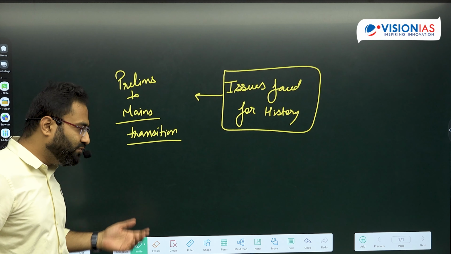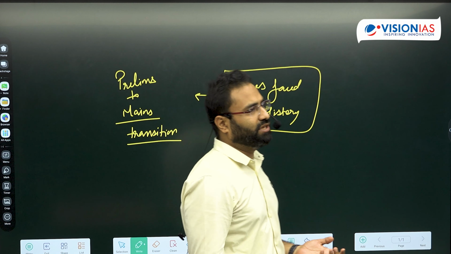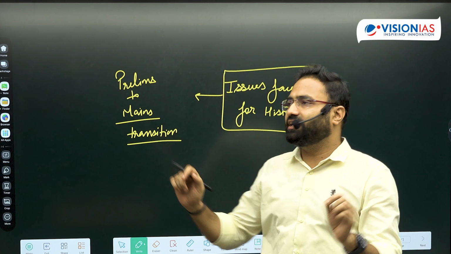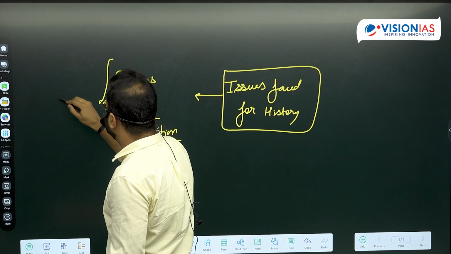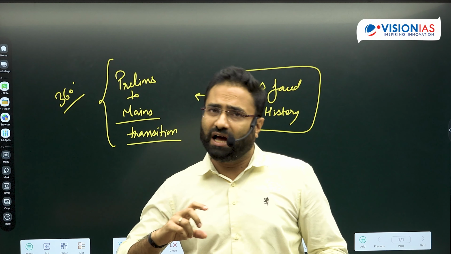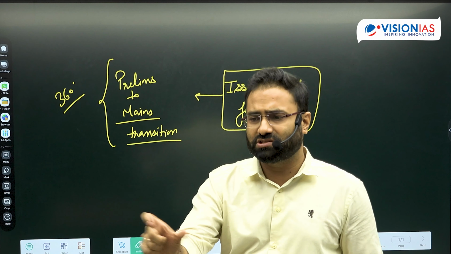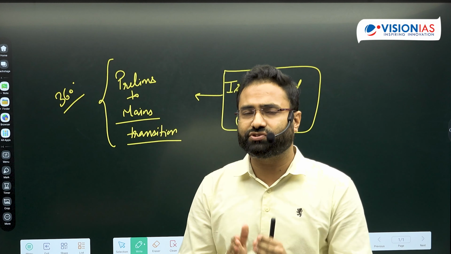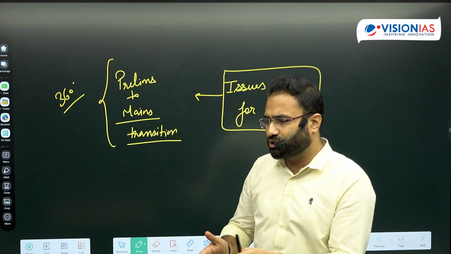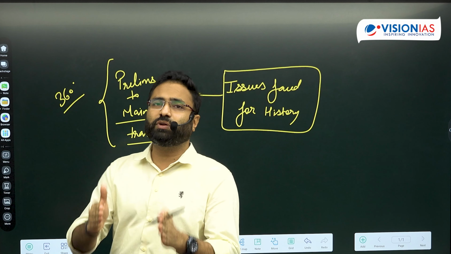So when we are preparing for the mains examination, this 360-degree analysis is important. A student has to think from the 360-degree perspective: if there is any specific topic asked, am I not biased towards a certain specific event only? It should not be restricted to that. Let's say in this question the contribution was asked with respect to the freedom struggle.